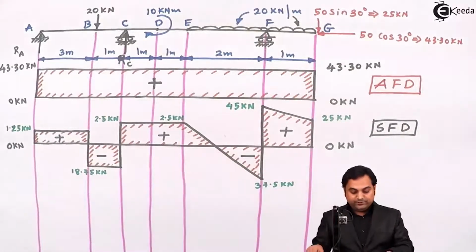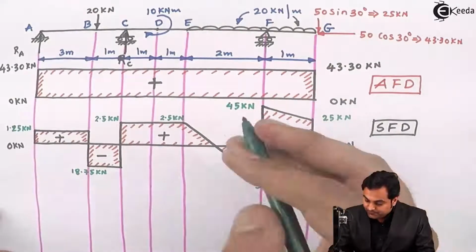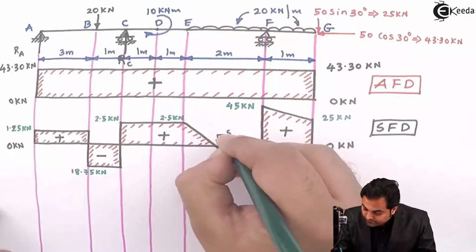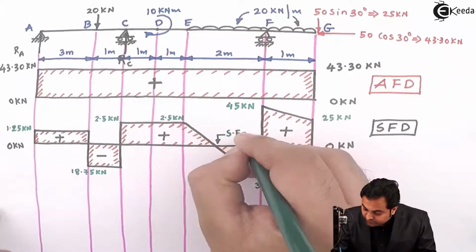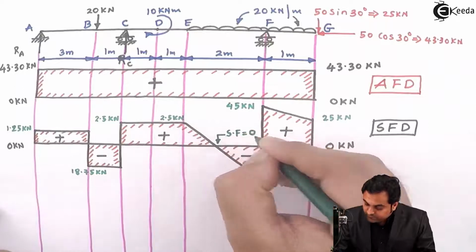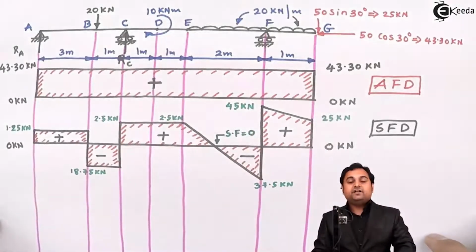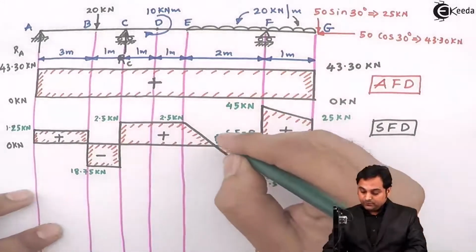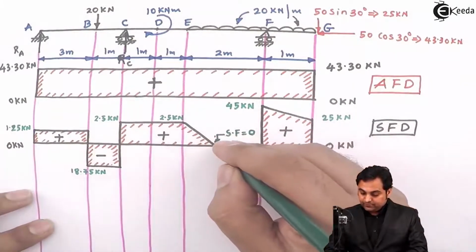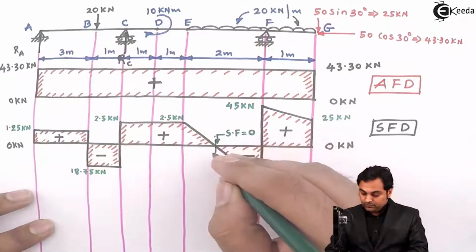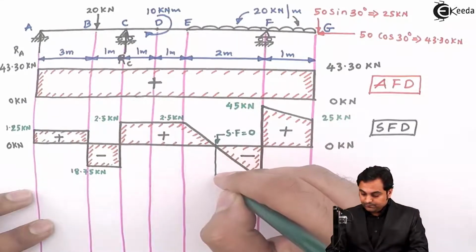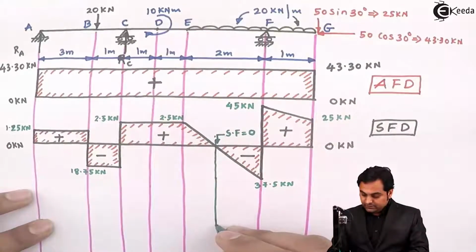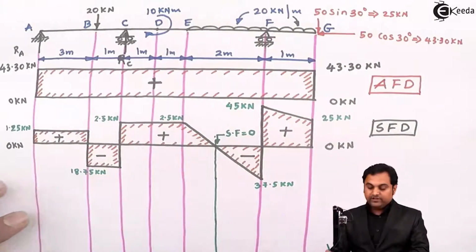It means at this point the shear force value is 0. So wherever we are getting the SF value as 0, there the bending moment will be maximum. So I will project this point downward, and at this location I'll get the maximum value of bending moment.